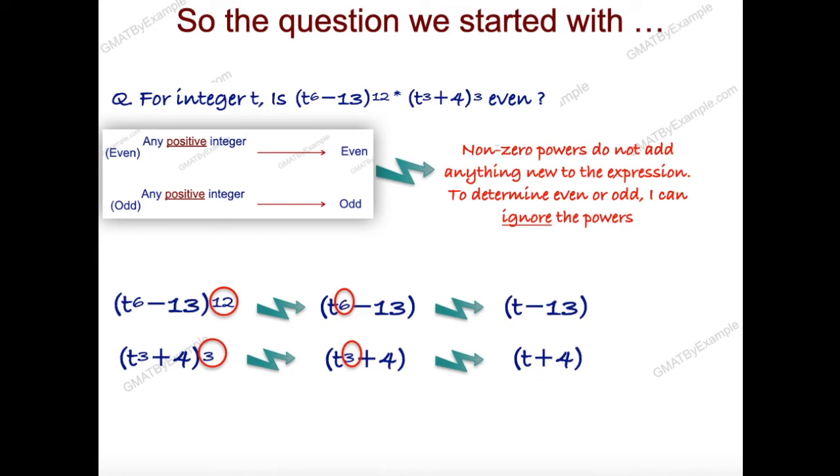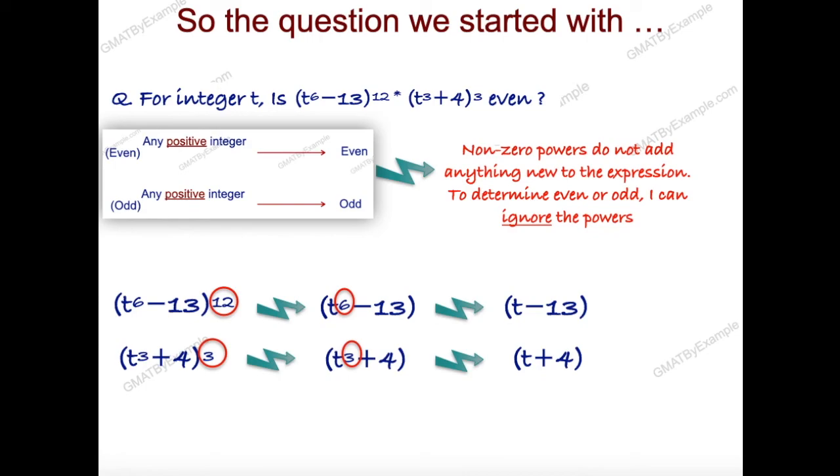Again, what we are saying is the simplified expression t plus 4 being even or odd ultimately determines whether t cubed plus 4 to the power of 3 is even or odd. So instead of working with the more complicated expression, why don't I work with a simpler term to make our lives easy, which is t plus 4.